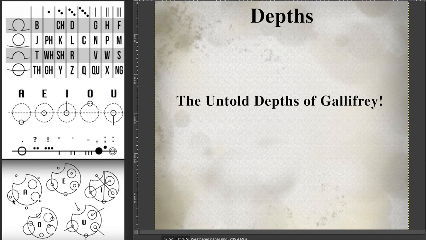And then lastly, a THA, or a circle on the line of the word circle with an A. Then if we look at the O's by itself, a BO, JO, TO, THO, and then an E, BE, JE, TE, THE. And I's and U's are different from E's because I's have a line going towards the middle, and U's have a line going towards the outside.